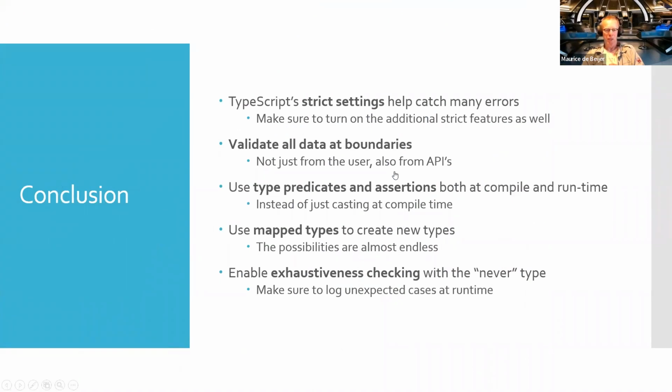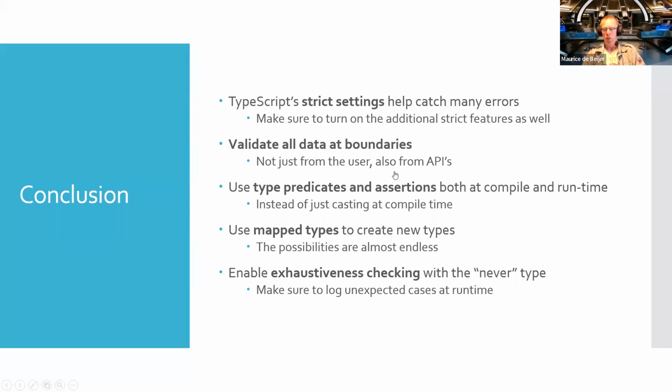So I hope I've shown you some useful TypeScript settings and tricks and type mappings to make things better. We saw the standard strict setting, which I'm guessing all of you were already familiar with, but we've seen that there is a whole bunch of additional strict settings which are not influenced by strict itself, which I would recommend you turn on as well.